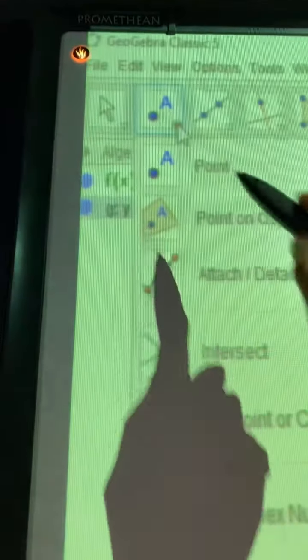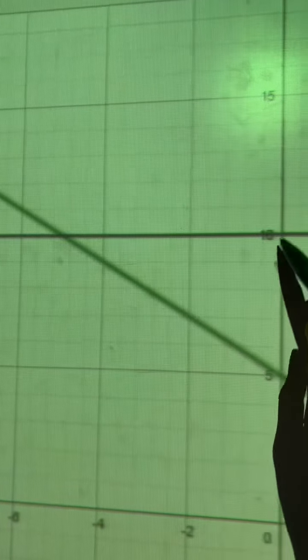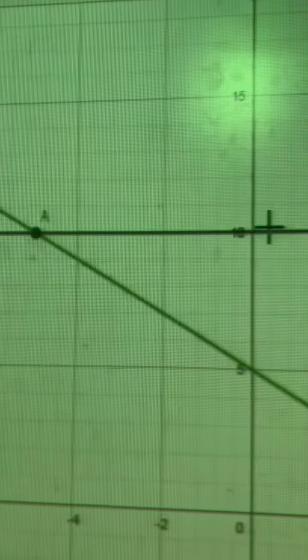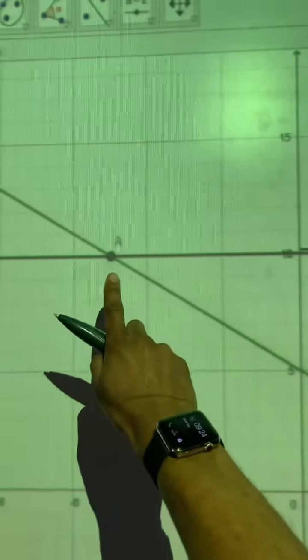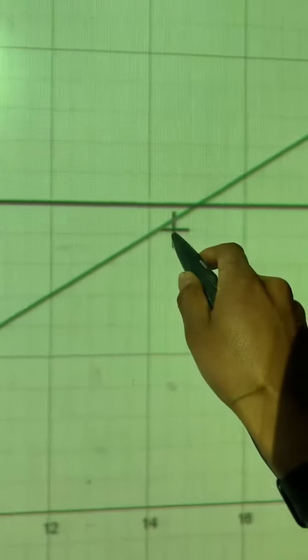So I'm going to use this to verify all of my numbers. Now, up here, I have my intersect function. If I touch the graph and I touch the line, it finds 2 points. One of the points is here, and it's going to find the other point over here.